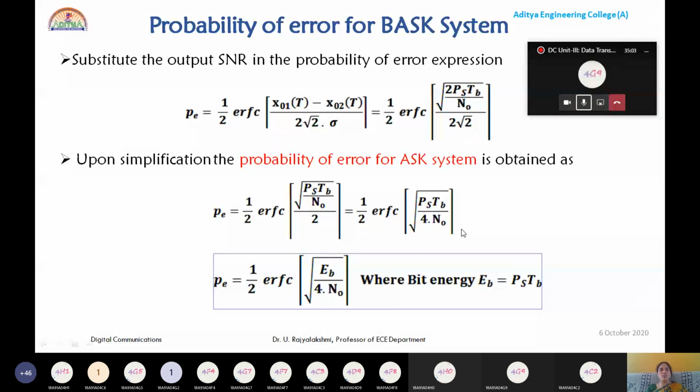But can anyone of you tell me what is the probability of error expression for the matched filter?